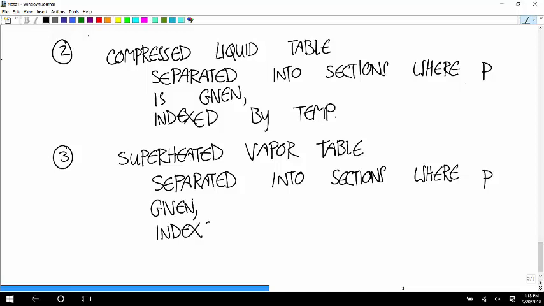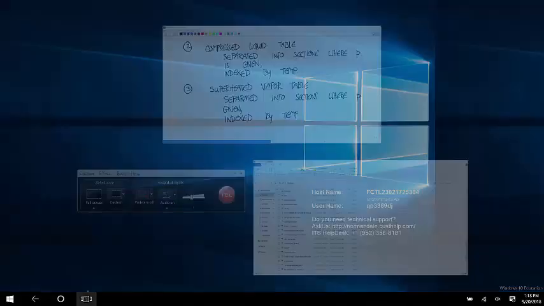So let me pull these up and you can see what they look like. These tables are all available on D2L, all the ones you're going to need.